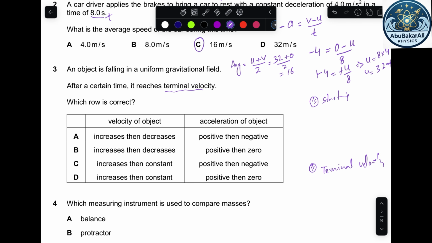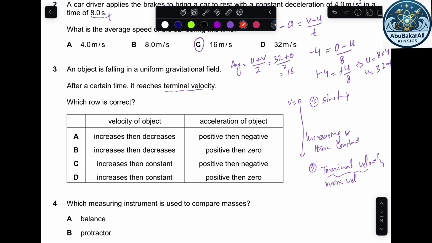It is starting from speed 0, and terminal velocity you can say is the maximum velocity. So it should increase to reach the maximum value, increasing v, and then it will become constant. And what about the acceleration?